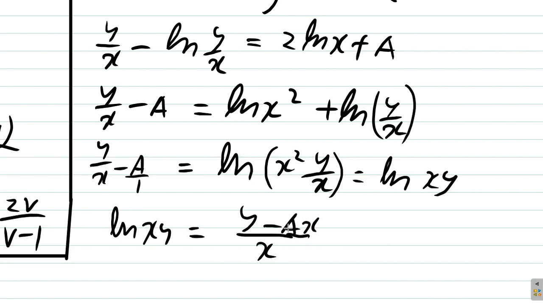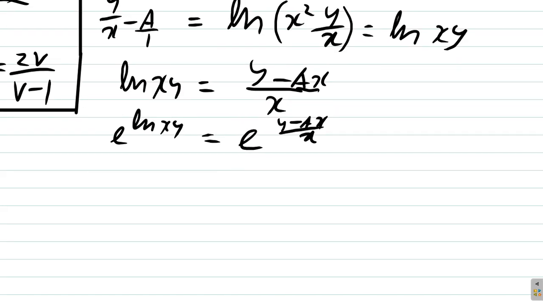Suppose we do this, and then we say e to the ln xy equals e to the y minus ax over x. What would happen? This would be xy equal e to the y minus ax over x. Alright, I guess that's one way that we could put it.